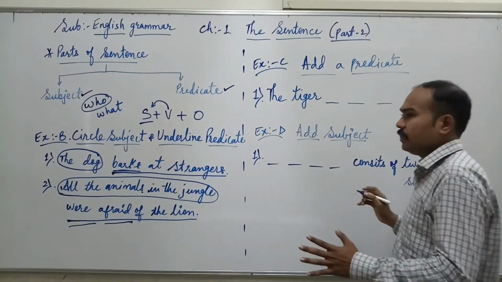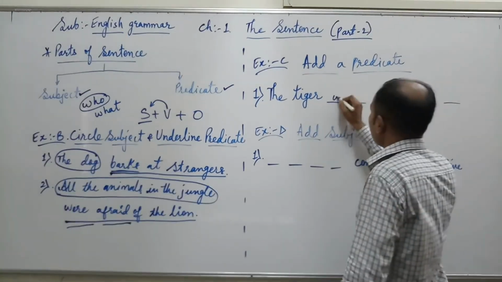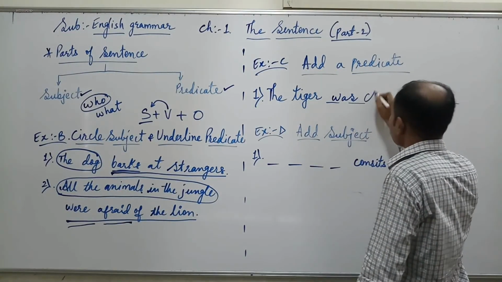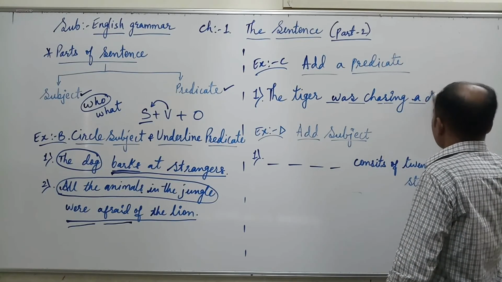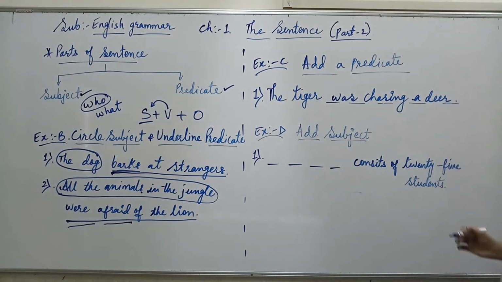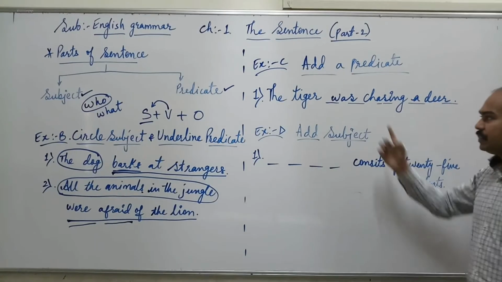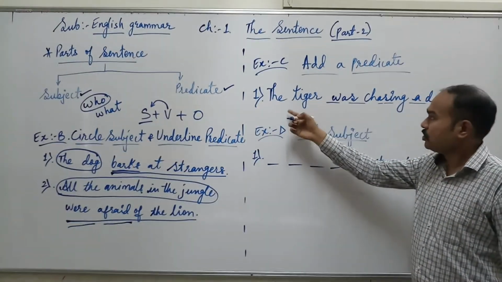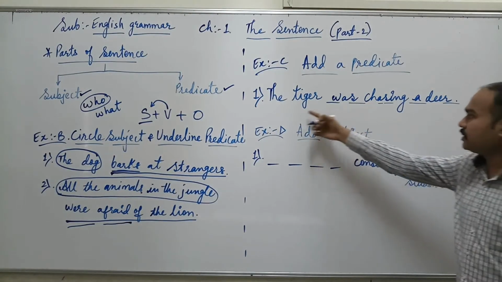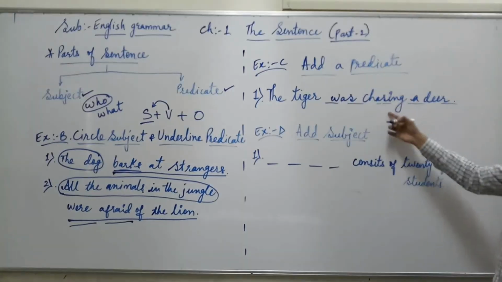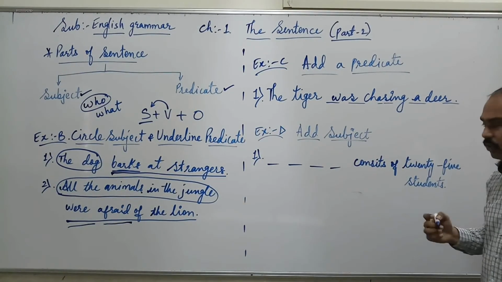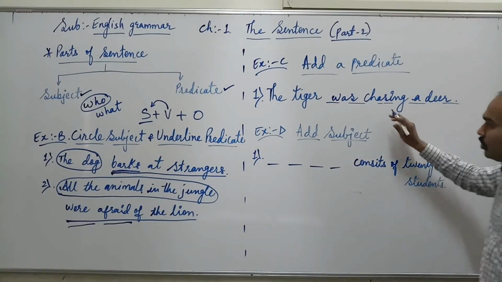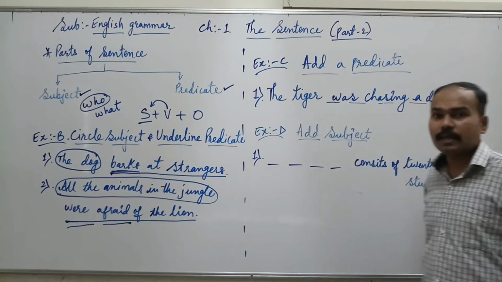The tiger was chasing a deer. Full stop. Any predicate which is suitable to the subject we can write. So the tiger is the subject, and the tiger was chasing a deer. This predicate I have selected and written over here. So you have to write a predicate in exercise number C.